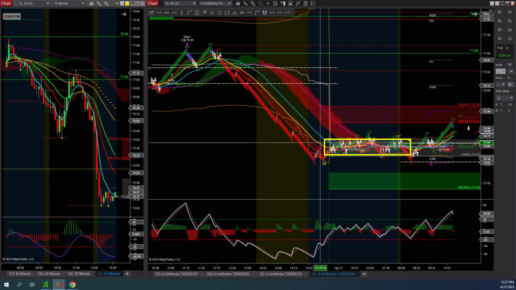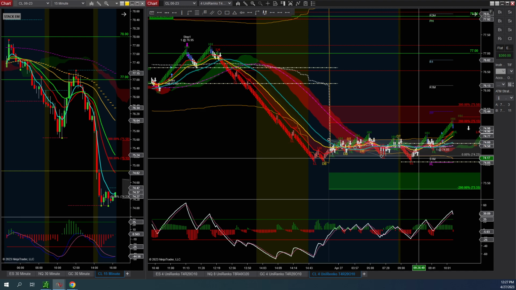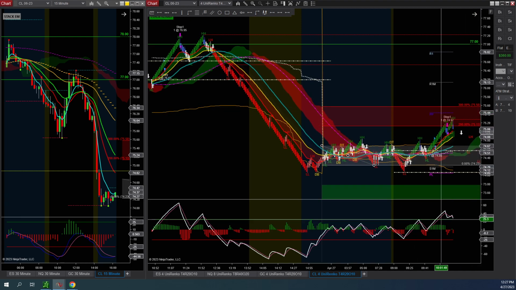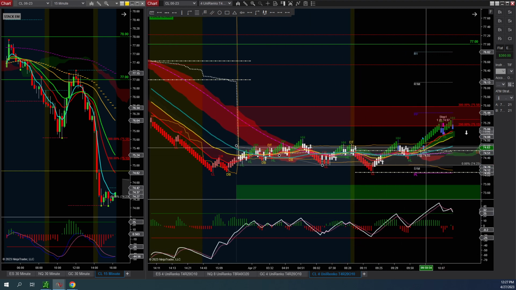So you see that at this point I identified these tops here, and then I entered the trade on the break of that top. That was today. That one was a small gain, let's see, of $120 on crude.